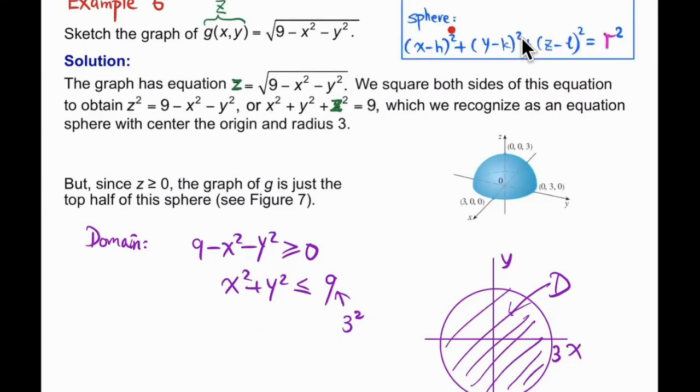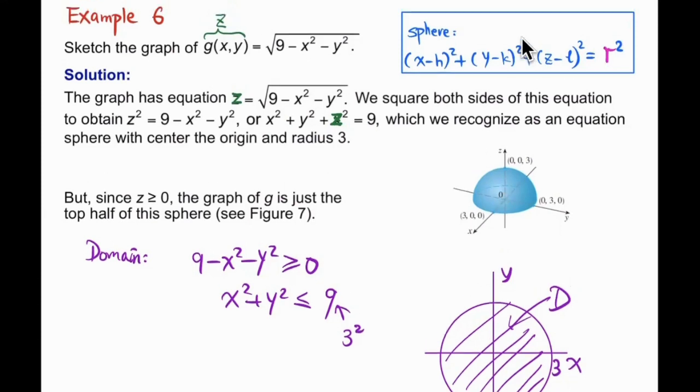Remember, the standard equation for a sphere is x minus h squared plus y minus k squared plus z minus l squared equal r squared, with center h, k, l, and radius r. So this equation here, comparing to this standard equation for a sphere, we know that the center will be 0, 0, 0, which is at the origin, and the radius will be 3.